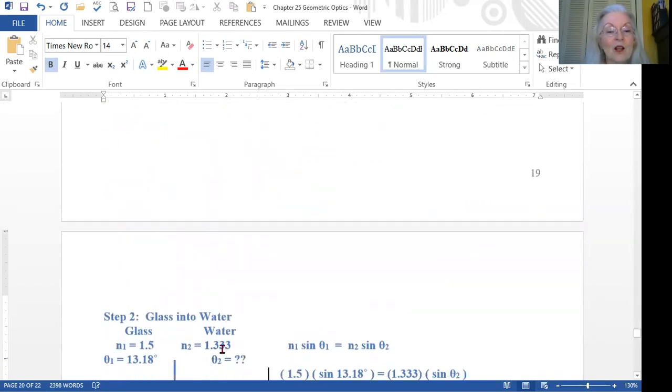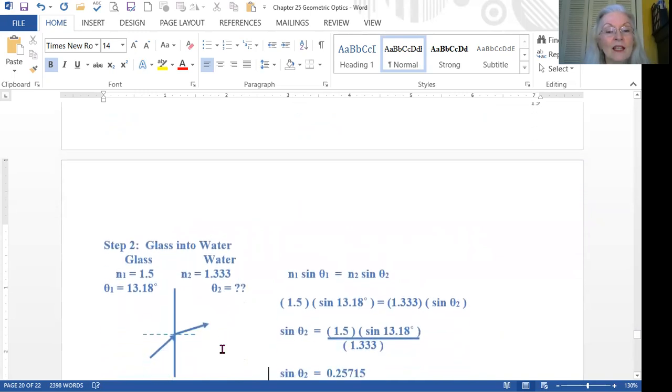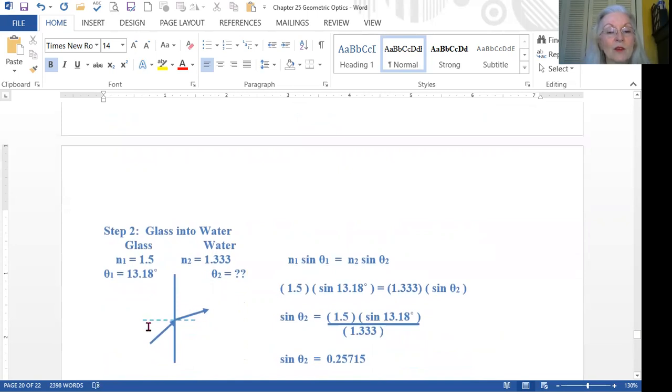All right. So now we're going from glass into water. So again, we're in the glass. We know it's 13.18 degrees. And we want to know what angle we enter the water at.